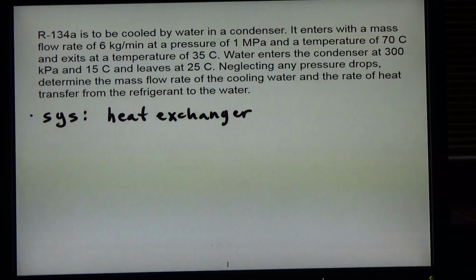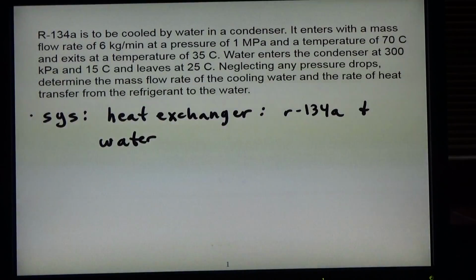So that involves two substances. We have R134A and we have water. So classifying this system, the heat exchanger is an open system. R134A and water are both phase change substances.